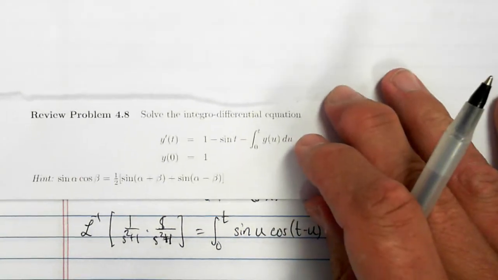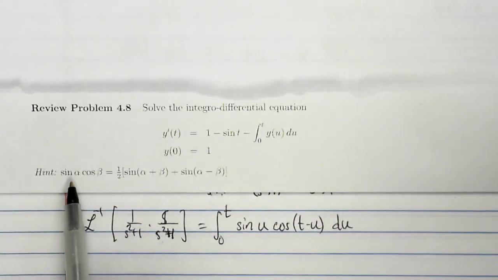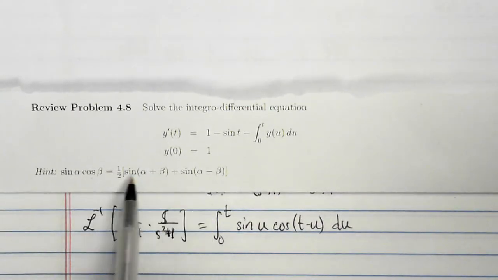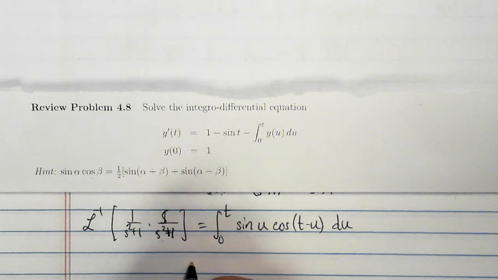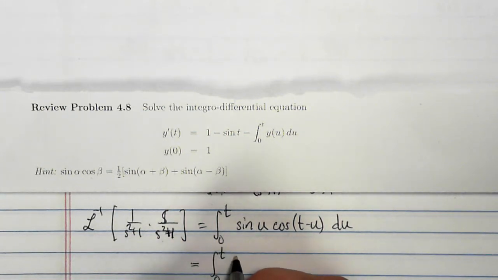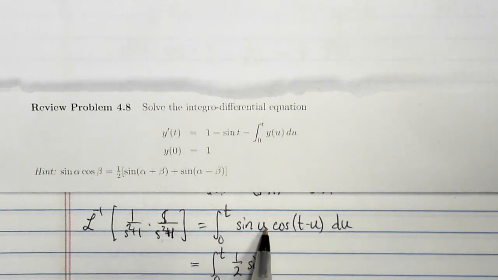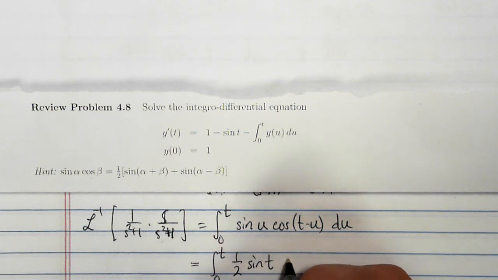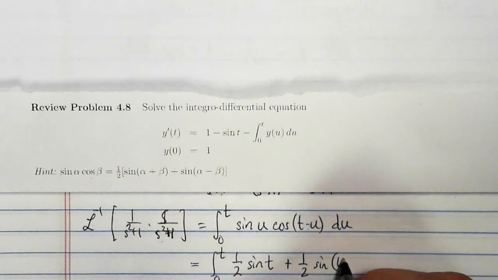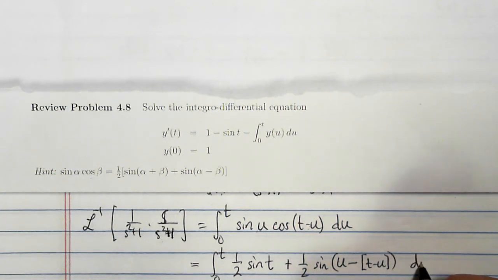From this point forward, I'll use the hint given in the problem that sine of alpha cosine beta is equal to the expansion that I see on the right-hand side. So this equals the integral from 0 to t of 1/2 the sine of the sum of the two angles. So if I add these two angles up, I get t, plus 1/2 sine of the difference of the two, so u minus (t minus u), du.